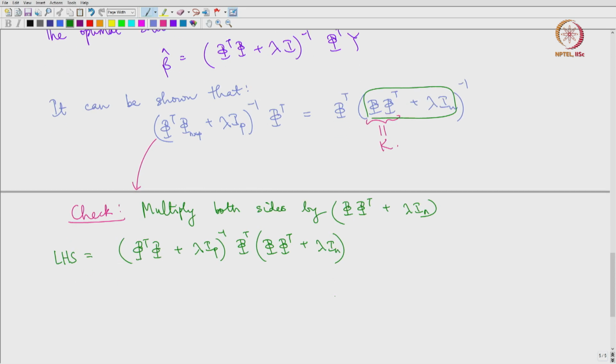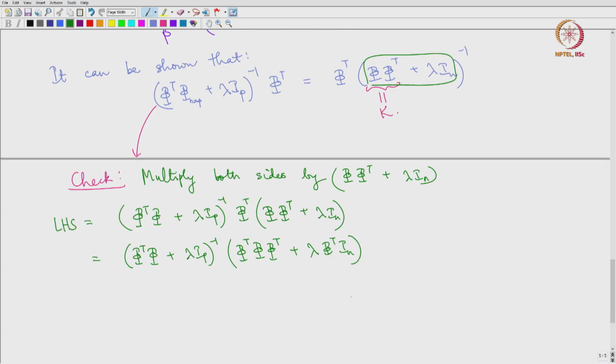So, you can now work through this, you can multiply the second and the third terms here. The first term remains whatever it was, but you can take this inside and this becomes phi transpose phi phi transpose plus lambda, which is essentially a scalar, times phi transpose I_n.